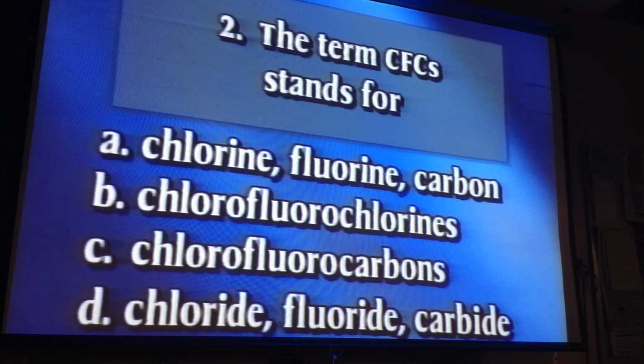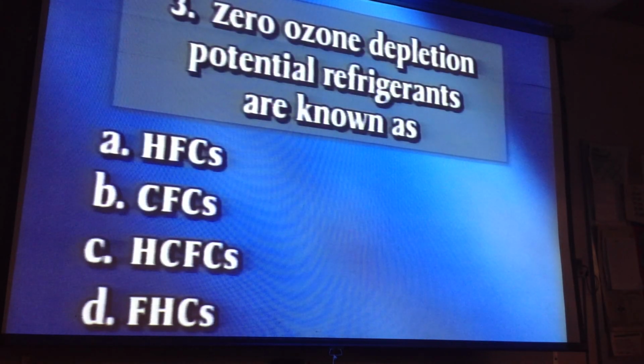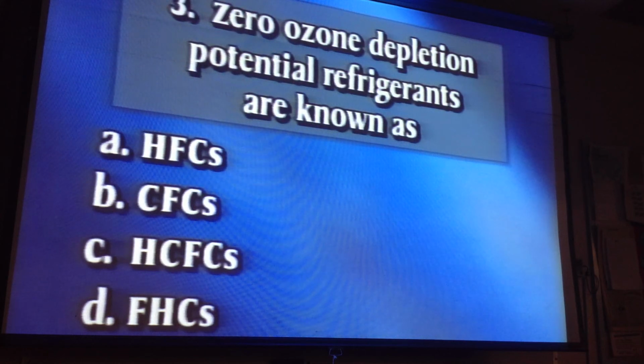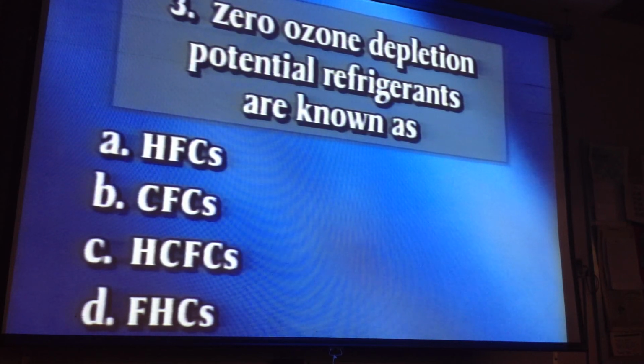The term CFCs stands for A, chlorine, fluorine, carbon, B, chlorofluorochlorines, C, chlorofluorocarbons, D, chloride, fluoride, carbide. Answer? C. Zero ozone depletion potential refrigerants are known as A, HFCs, B, CFCs, C, HCFCs, D, FHCs. Answer? A. Good.